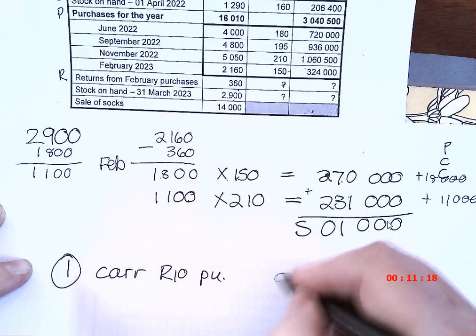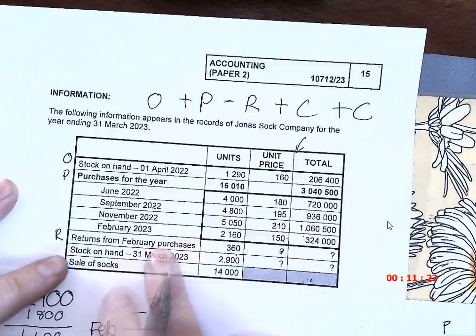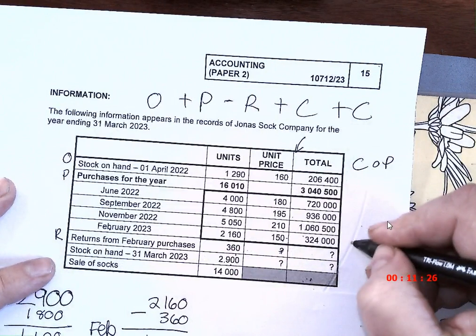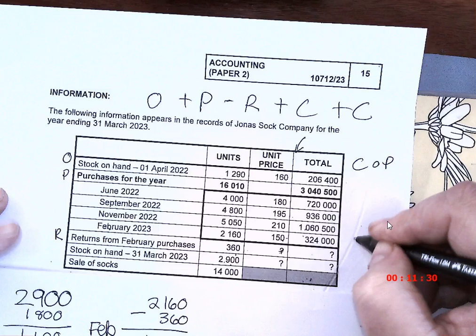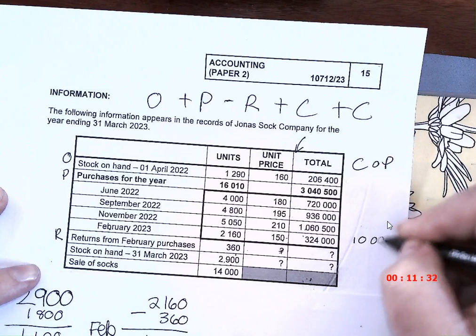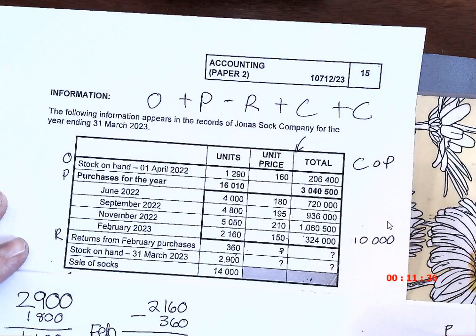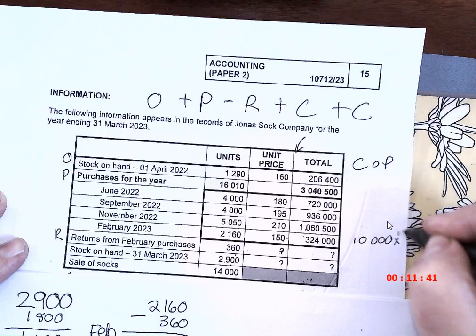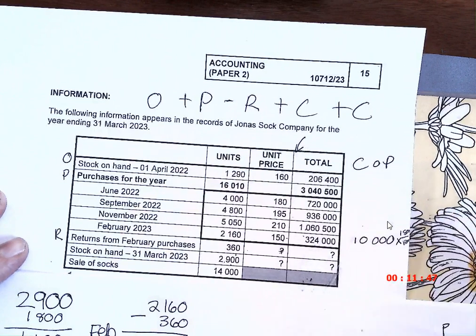Or they will have an extra column here, and they will say the carriage on purchases for February was, let's say, 10,000. Now I need to calculate per unit. So I am using 1,800 units out of 1,800 units, so it's still 10,000.